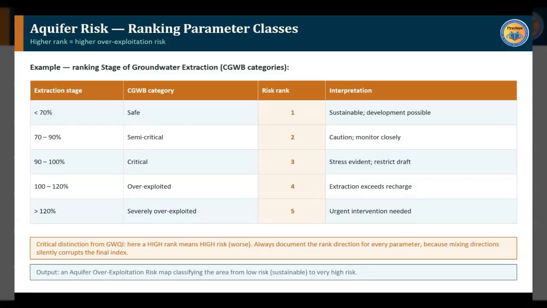A block can be classified as safe on paper, while a cluster of villages might be running dry, because it is a better, comfortable source of water with a lot more withdrawal.